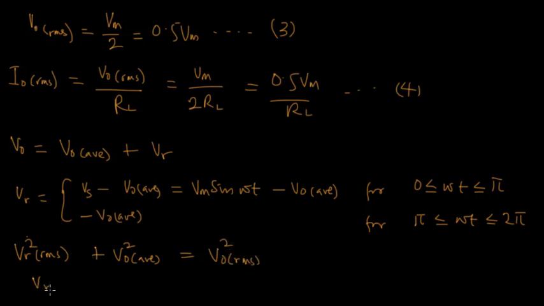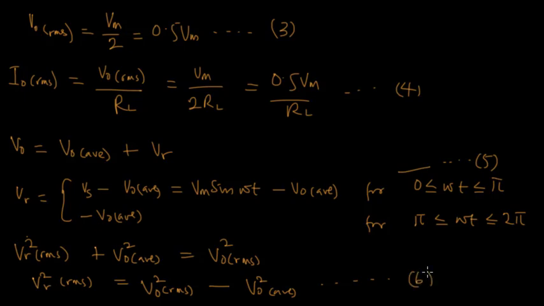And so Vripple RMS square will be equal to Vout RMS square minus Vout average square. Earlier on we've seen the instantaneous ripple voltage Vro, which is given as this expression. We'll call this expression equation 5, and the Vripple RMS square, we'll call that equation 6.